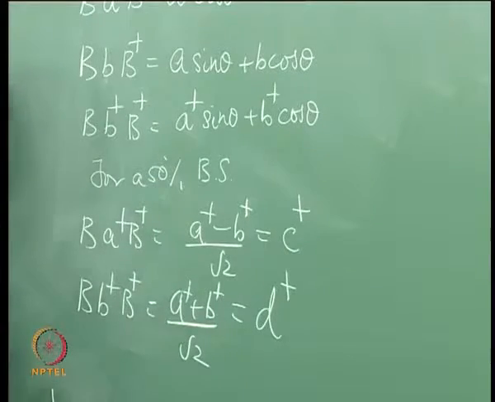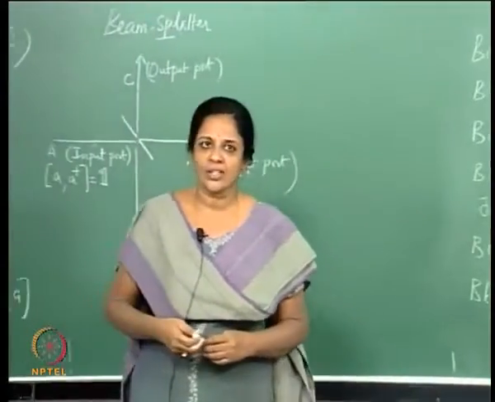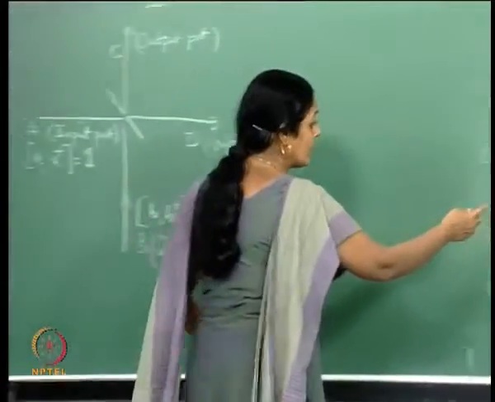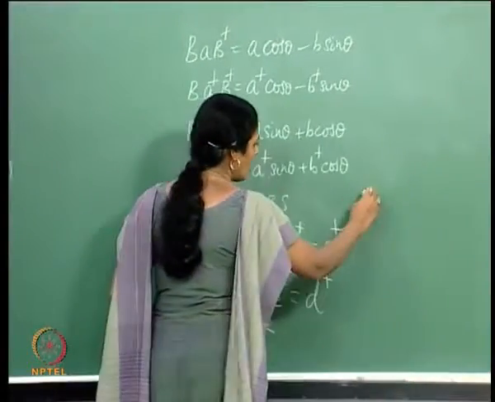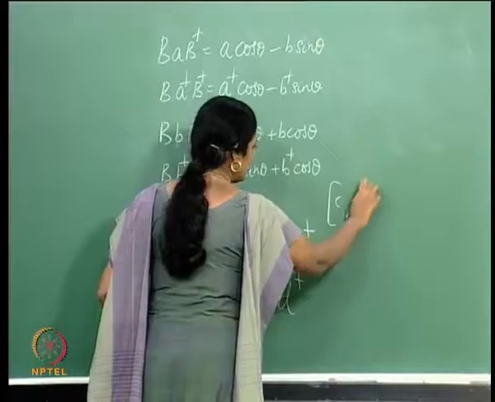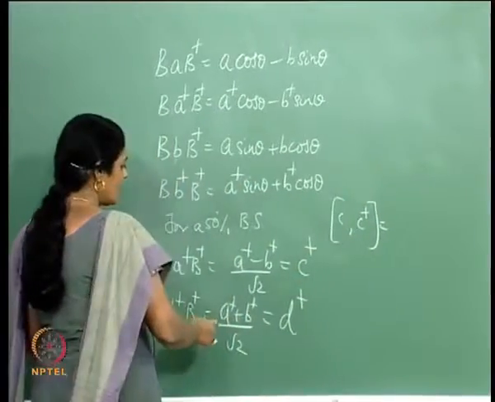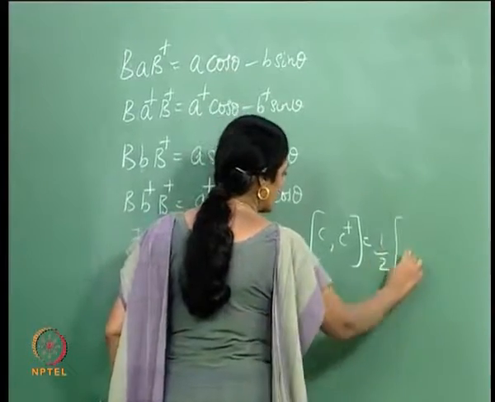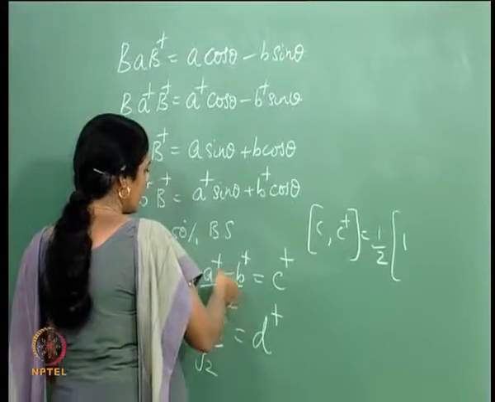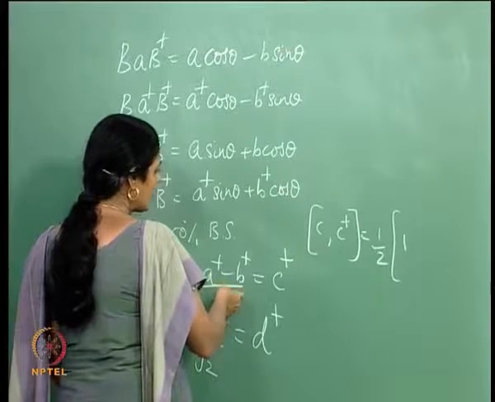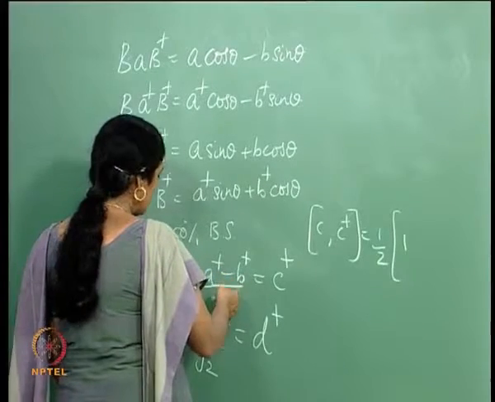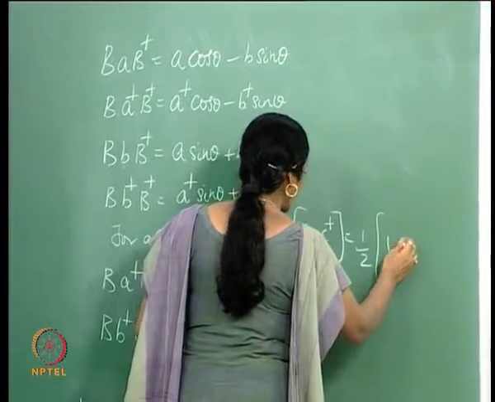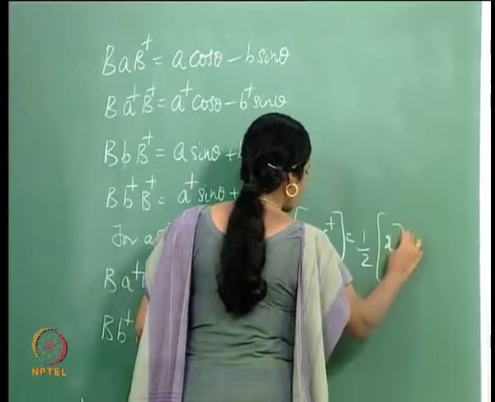Now it is important to check if indeed we have done a unitary transformation. In the sense, is the algebra preserved? So I need to check the commutator of C with C dagger. C with C dagger is simply half A with A dagger, which is 1, and then I have B with B dagger, and that object is simply going to give me a commutator 1.